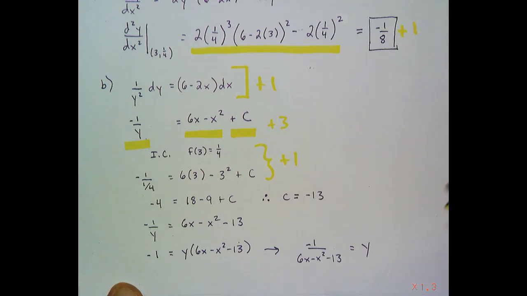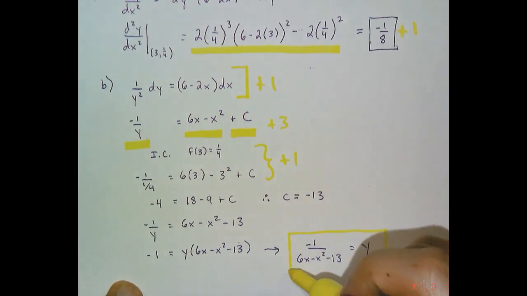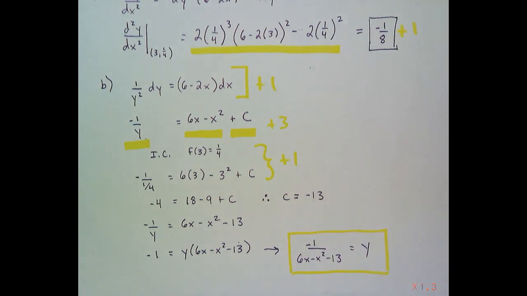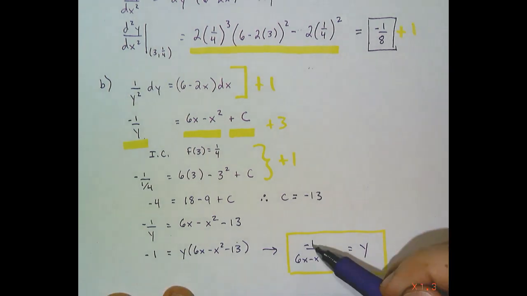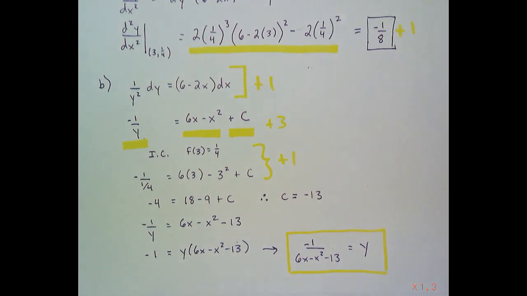And then finally, the last point comes from solving for the function y equals. If you're looking at the key online, they distributed this negative out of the top and bottom. So you might see something that looks slightly different, but it is the same thing.